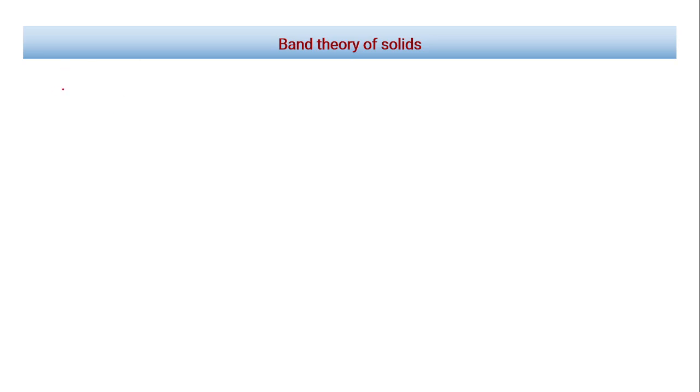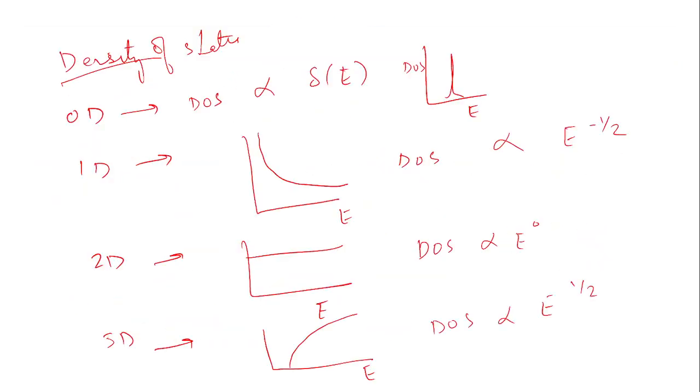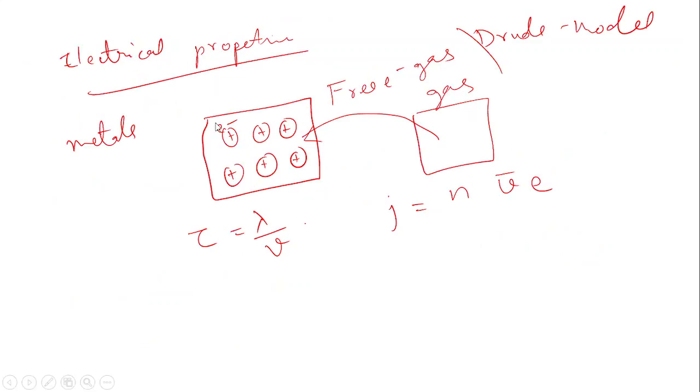So if we are talking about a solid, especially a metal, in a metal we have atoms like this with valence electrons, but the electrons are loosely bound to their atoms, so they are free to roam around everywhere, but inside the material itself.